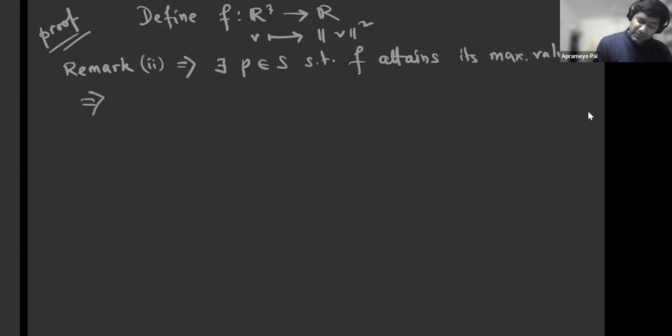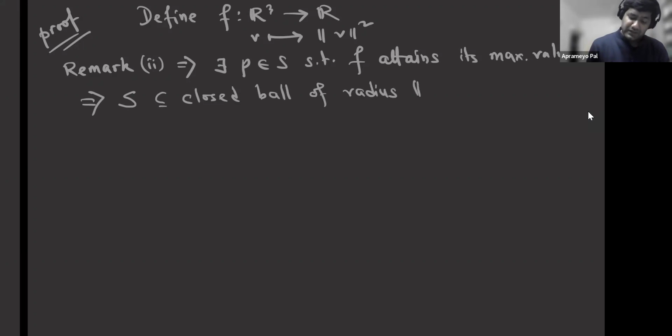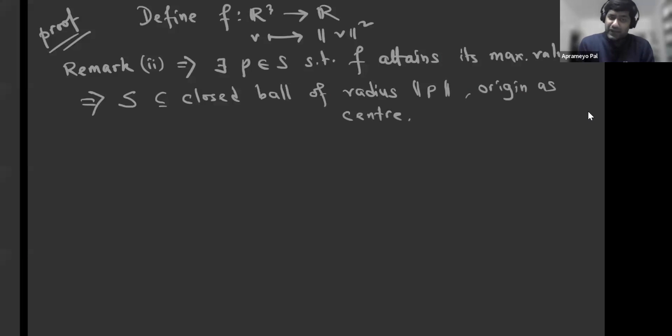So this immediately gives you that S is contained in a closed ball of radius |P| with the origin as center, right? This is quite immediate, since for any point in S, P is the maximum. So it is contained in a closed ball of radius |P|.